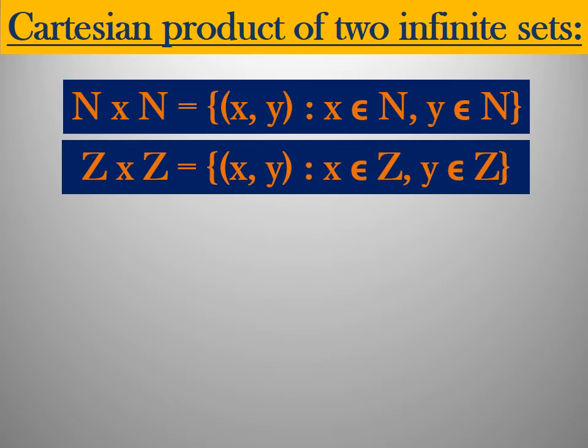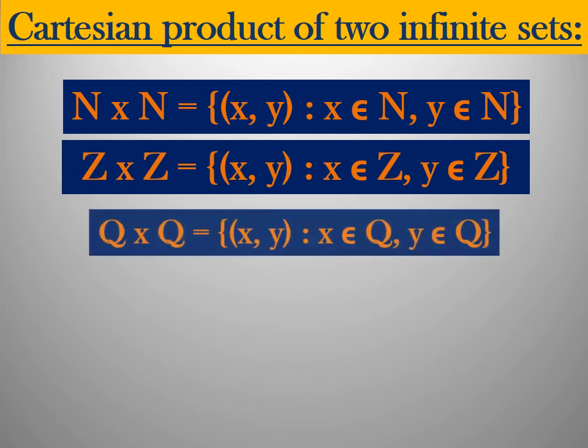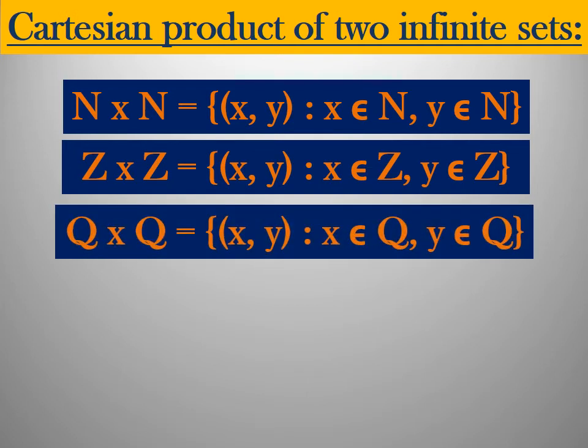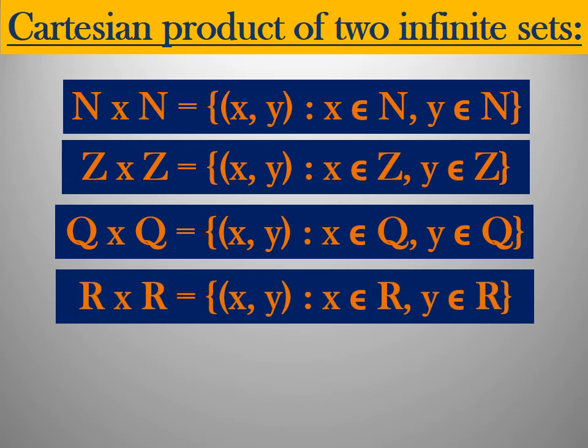And I will have Z crossing Z, which is integers, Q crossing Q, the same idea, and finally R crossing R, real numbers crossing real numbers, which will have ordered pairs (x, y), where x belongs to real numbers and y also belongs to real numbers.